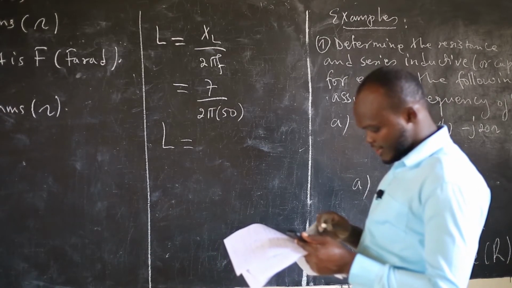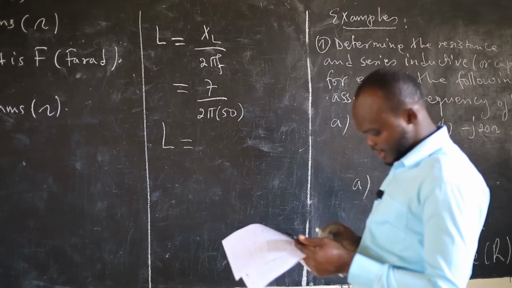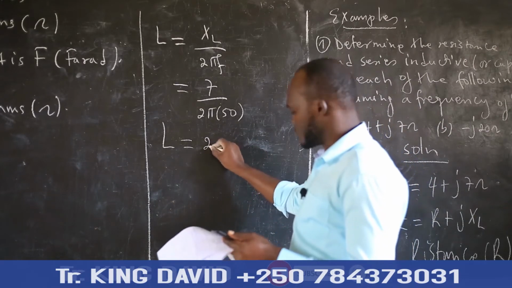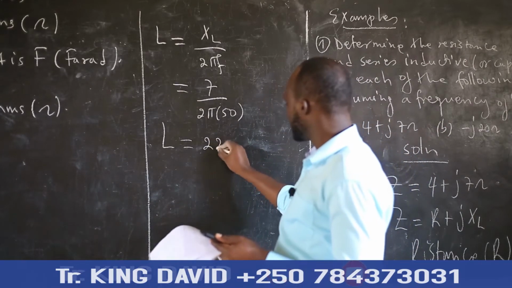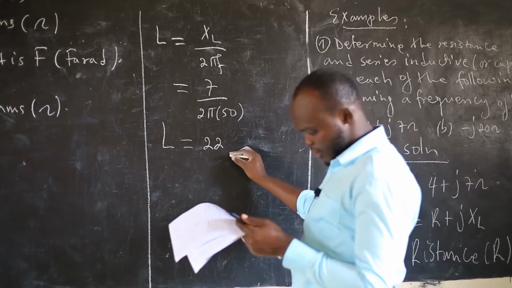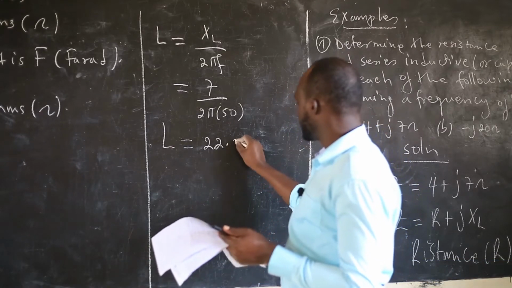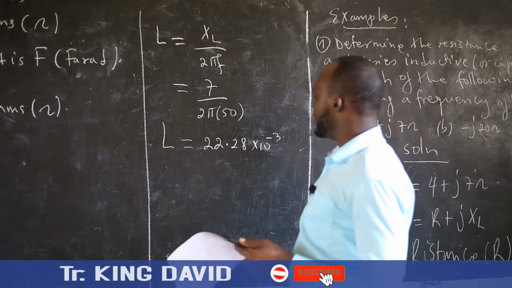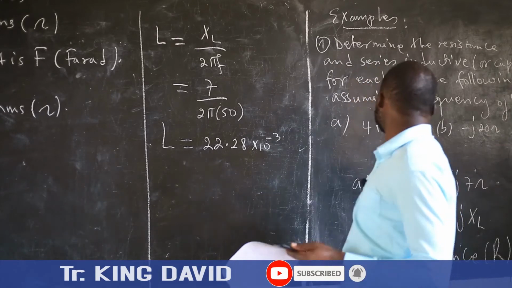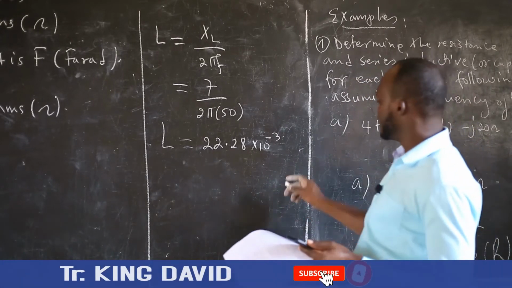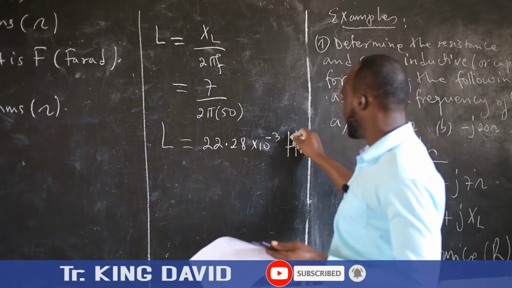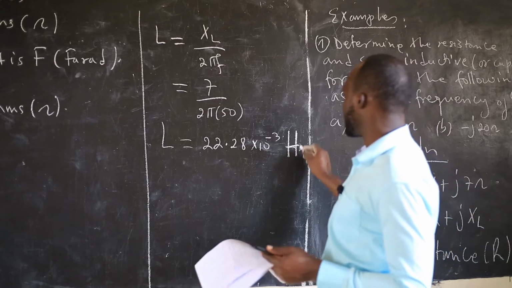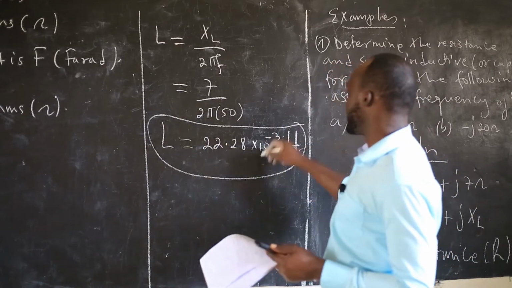So now the answer is 22.28 times 10 power negative 3. Remember, the unit of L, which is inductance, we have seen that it is Henry, which is capital H. So this is our inductance.